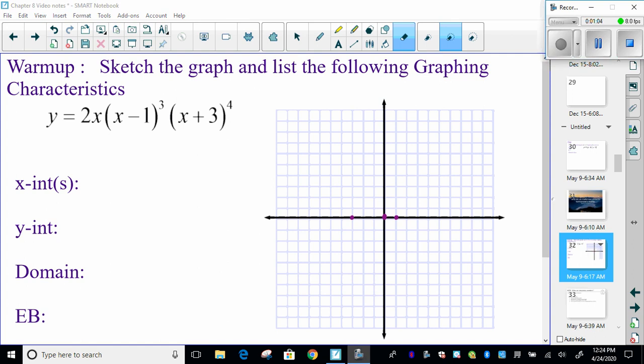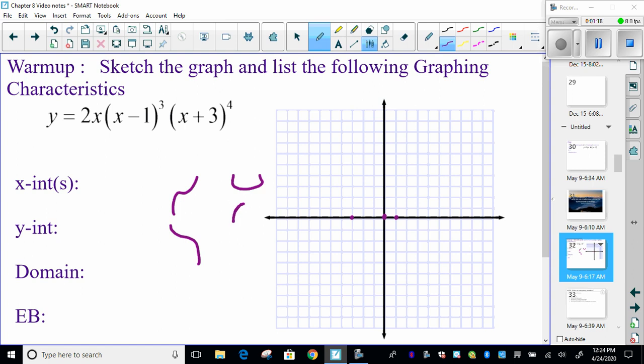Okay, so I know at +1 it's a cubic shape, so that either will look like this, or it'll look like this. This is a 4th degree, so at 3 it's going to flatten a little bit more than if it were just a parabola. And then this goes through like a straight line, either like that or like that.